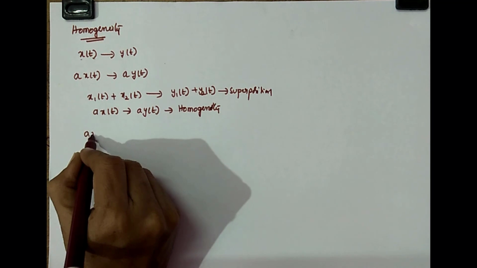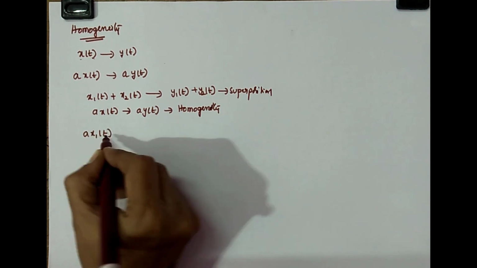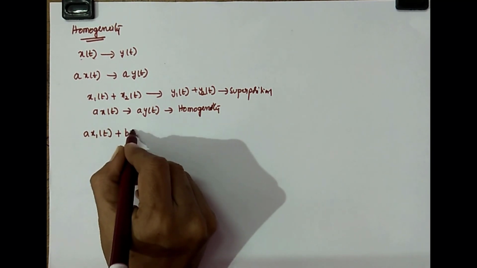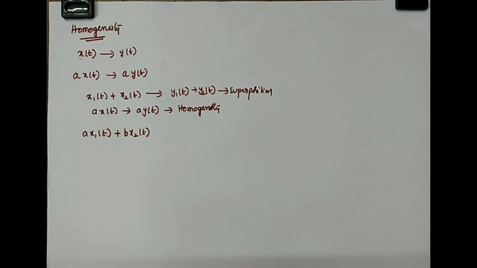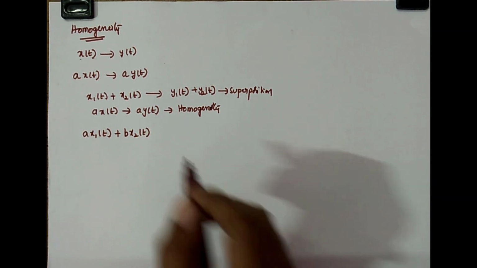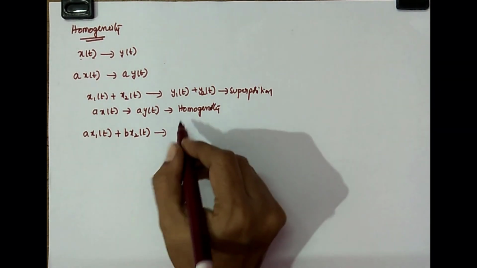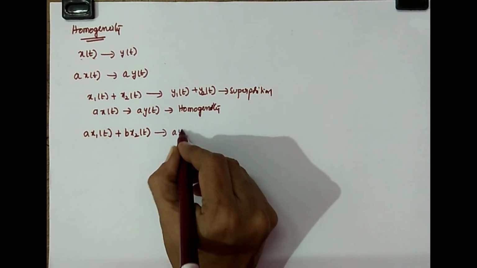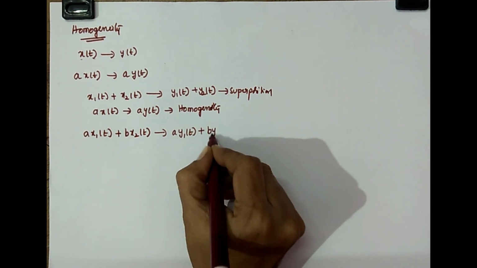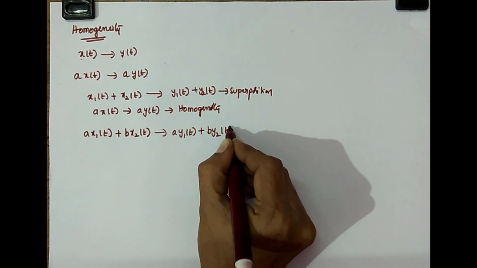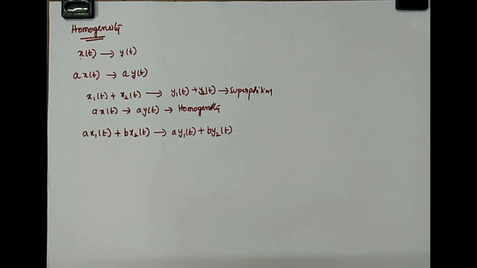See here, a into x1 of t plus b into x2 of t, if it is the input to the system, and if the system produces a into y1 of t plus b into y2 of t, then the system is satisfying both superposition and homogeneity.